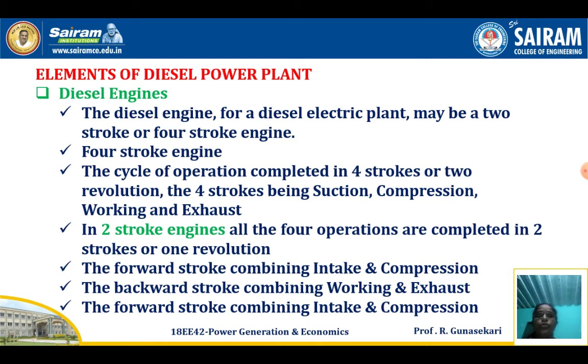In a 2-stroke diesel engine, all 4 operations, suction, compression, working and exhaust, are completed in 2 strokes or 1 revolution. A 4-stroke engine means 4 strokes or 2 revolutions. A 2-stroke engine means 2 strokes or 1 revolution.